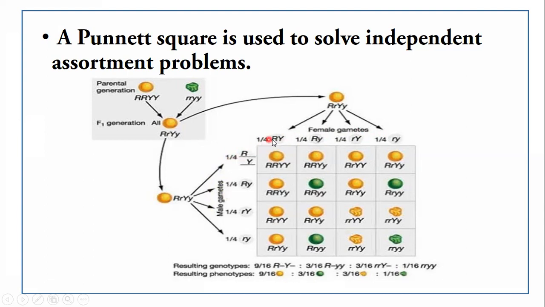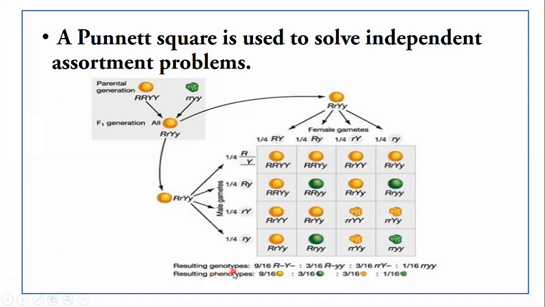So both of these male and female gametes unite with each other and form different combinations of genotypes in the F2 generation. So in the F2 generation, a total of 16 offspring were formed because 4 gametes were formed by the F1 parent.